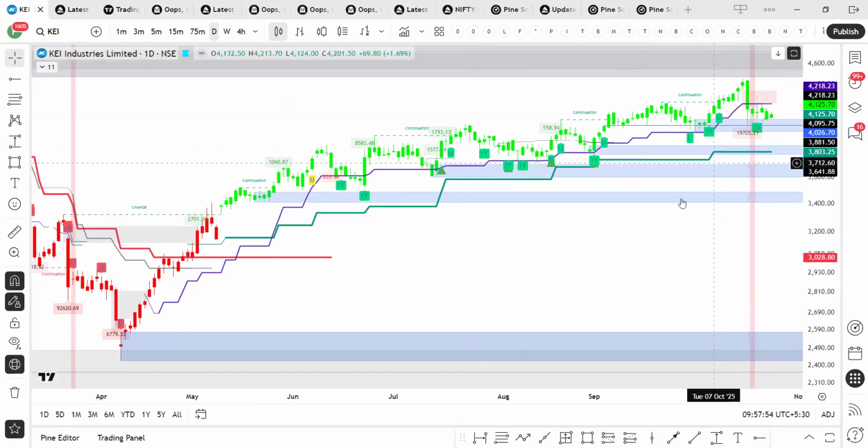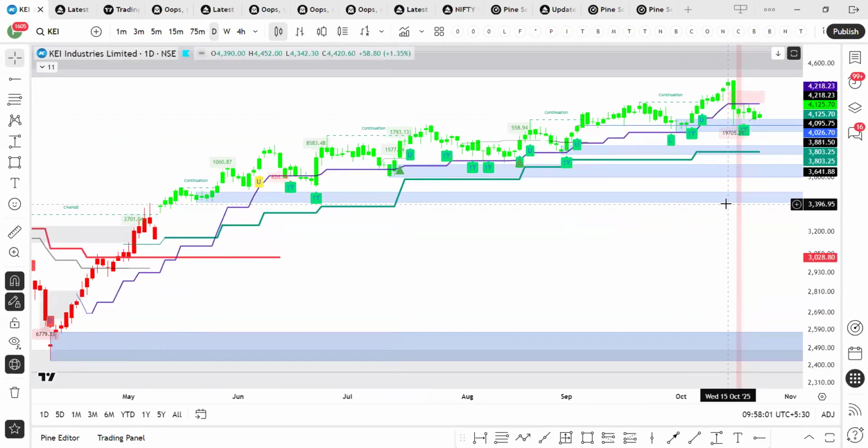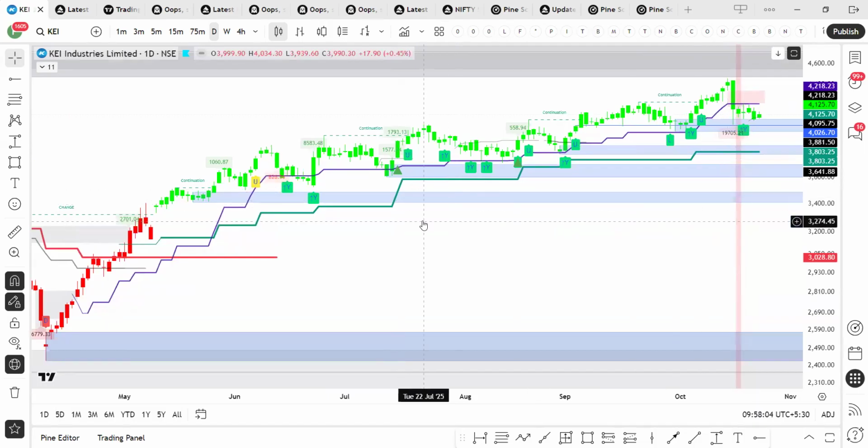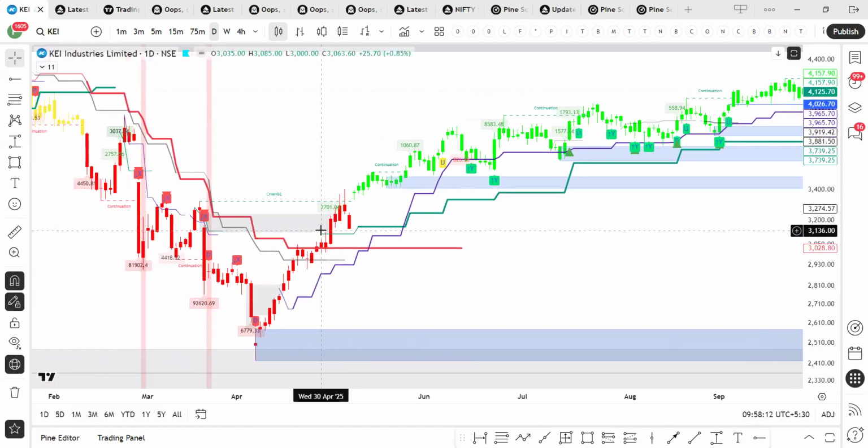Almost touched the selling area. There was sideways price action. There is some selling pressure here. So after it turned green, it did not give a retracement. In some stocks, this happens. It does not come down to give a retracement entry.